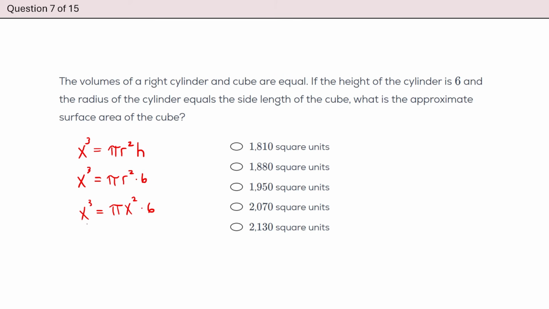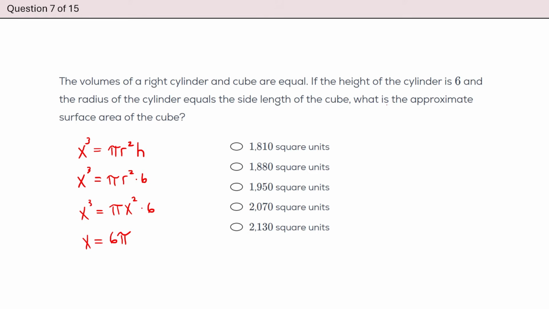And now we can divide both sides by x squared. Remember, these are all positive numbers, so we don't have to worry about negative or zeros. So x cubed divided by x squared is going to be x equals 6 pi. Awesome. So we just found that out.